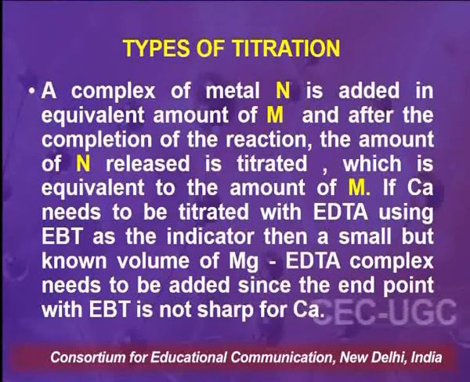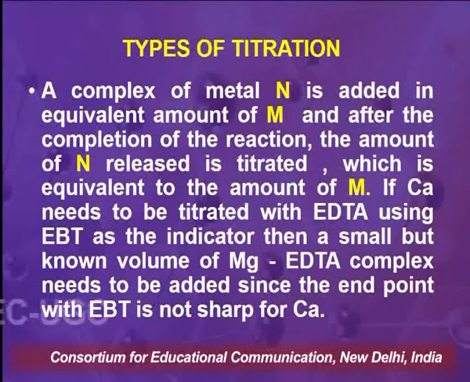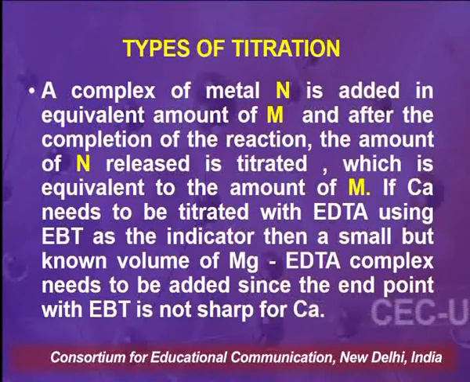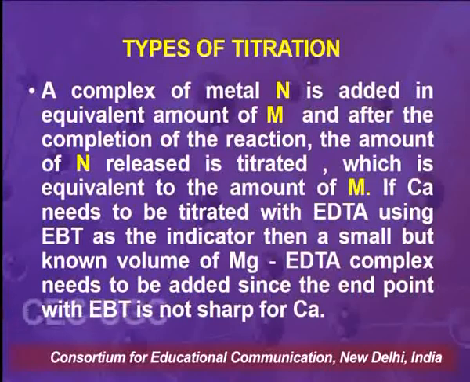Suppose calcium needs to be titrated with EDTA using eriochrome black T as the indicator, then a small but known volume of magnesium EDTA complex, suppose 2 ml in a 10 ml solution, needs to be added, since the endpoint with eriochrome black T is not very sharp for calcium.